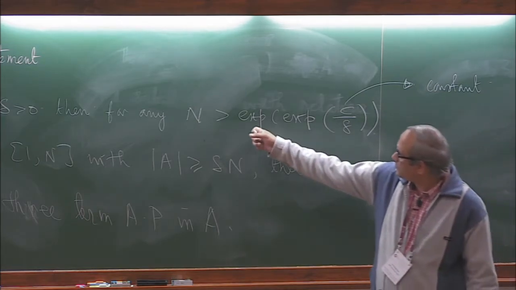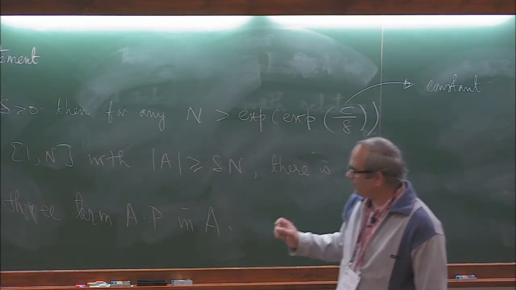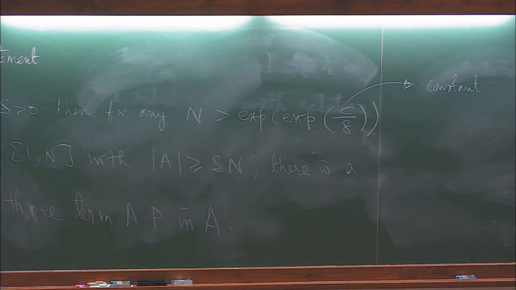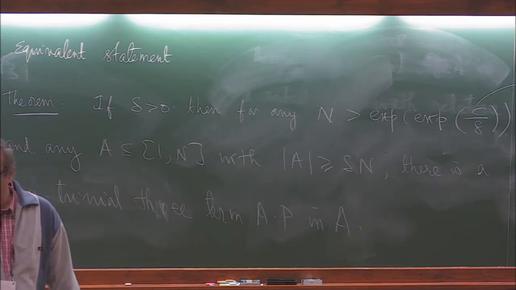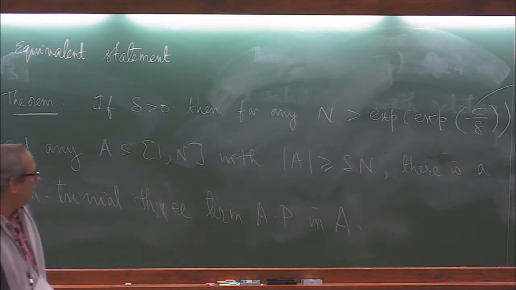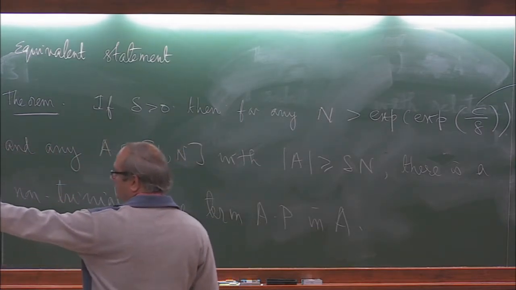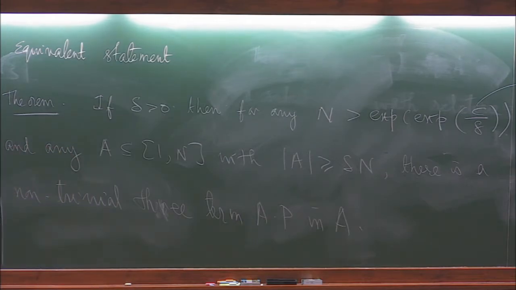This exponential constant by delta simply comes out of putting delta here and inverting the relation between n and delta. So you will get constant by delta and a double exponential for the double log that is there. You could similarly write a version of Green's theorem, except that the dependence on delta is going to be somewhat ugly.